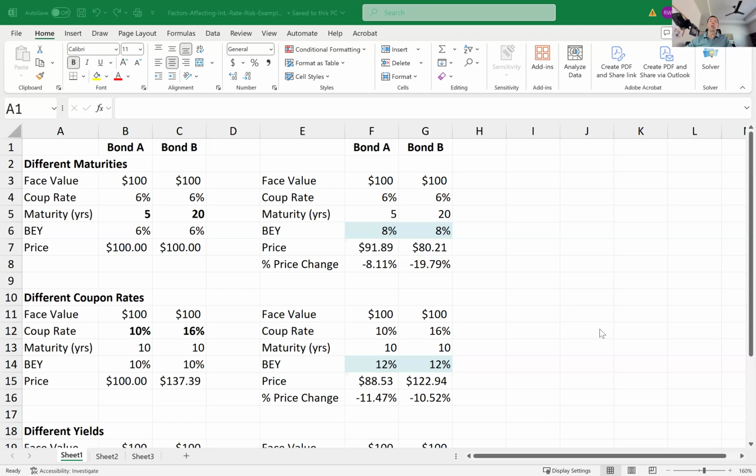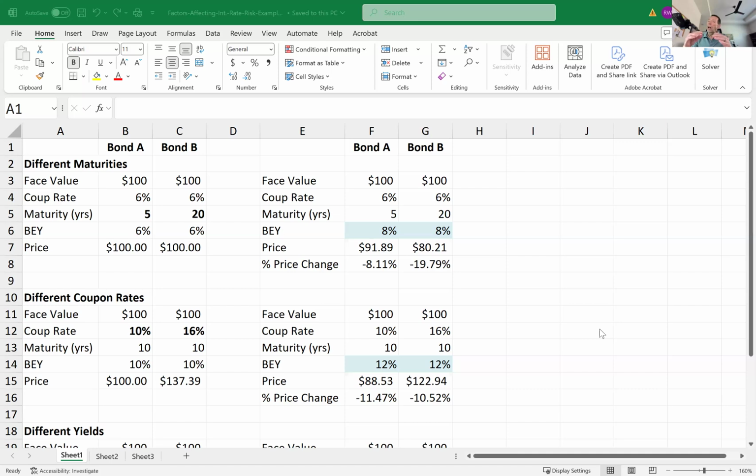Very simple spreadsheet. We want to demonstrate that there are three different attributes of a bond that will influence that bond's interest rate risk, the degree to which the bond's price changes when there are changes in interest rates. Obviously we know if interest rates go up, the price of a bond goes down. Interest rates go down, the price of a bond goes up.